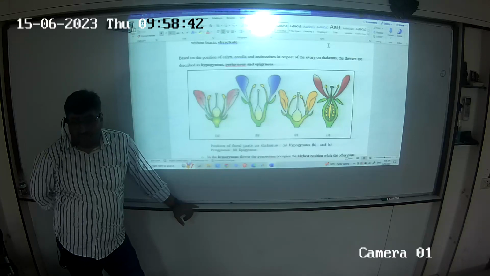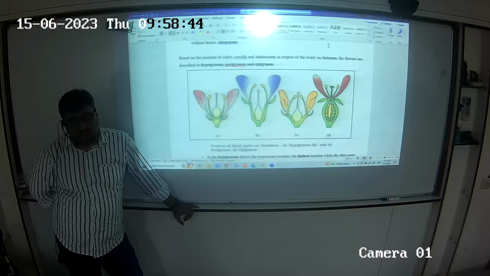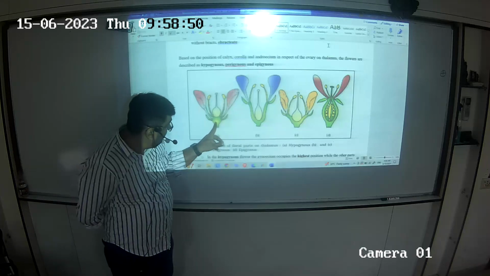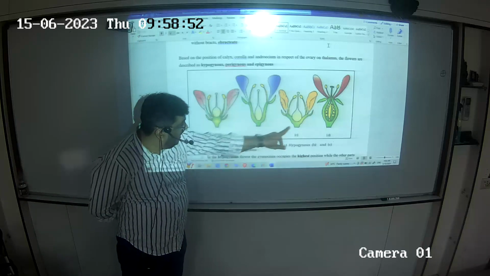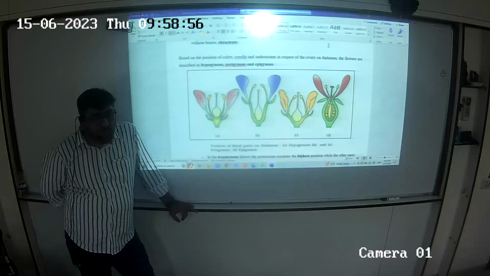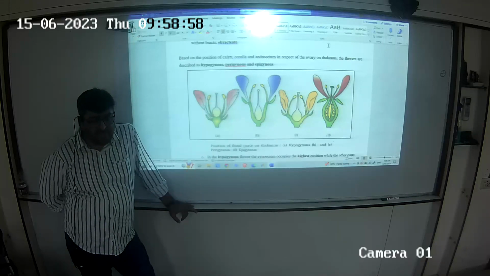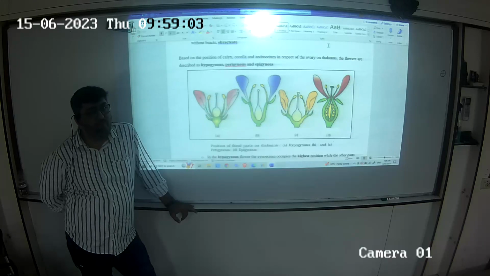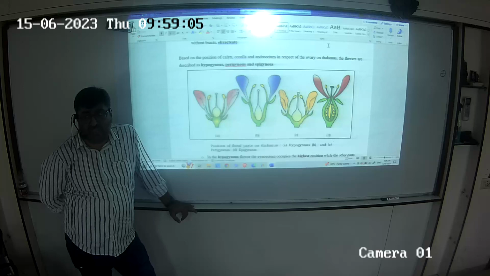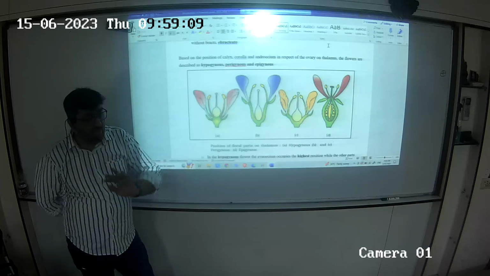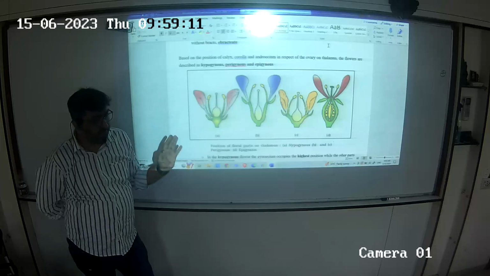And I said that will never change. Now, with respect to the thalamus, this green structure is the thalamus. If the shape of the thalamus changes, the position of the four floral whorls can change up and down, not outer to inner. That will remain the same.